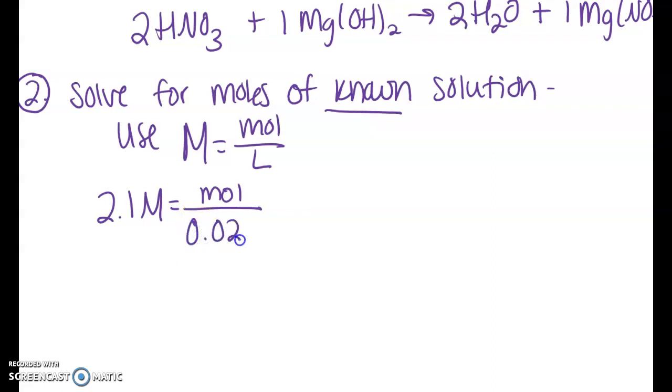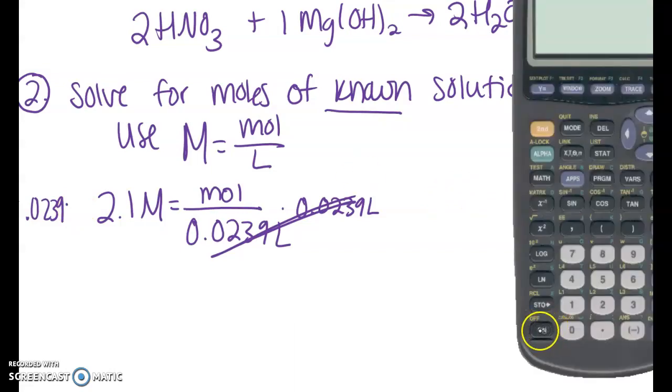So I have 0.0239 liters. When I multiply both sides to get my number of moles by itself, liters cancels out on the right-hand side, and I'm going to plug into my calculator 0.0239 times 2.1.